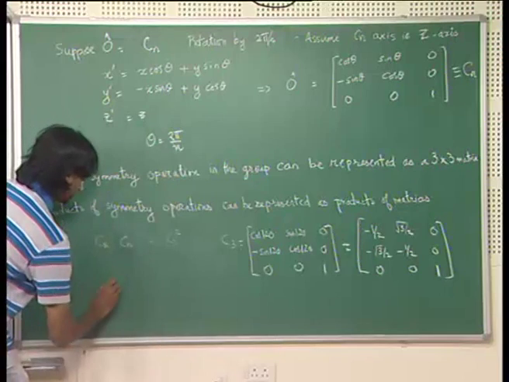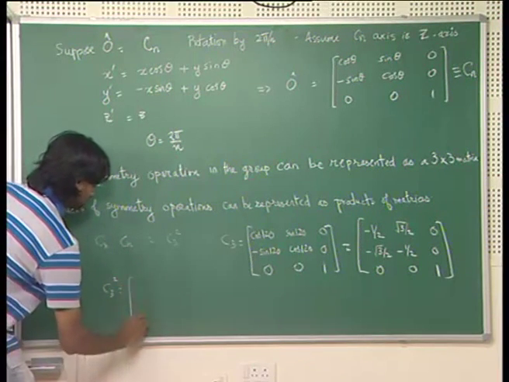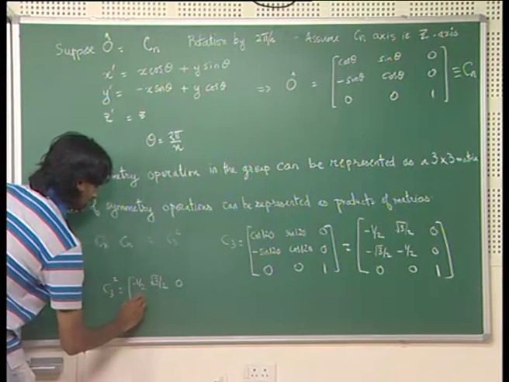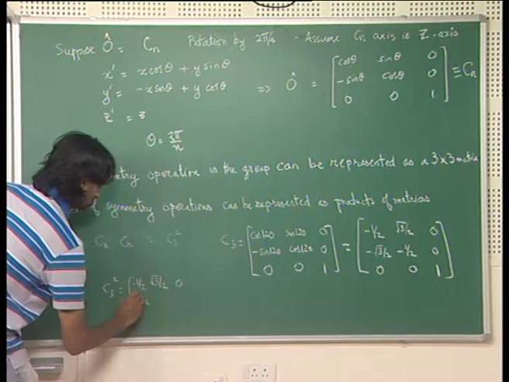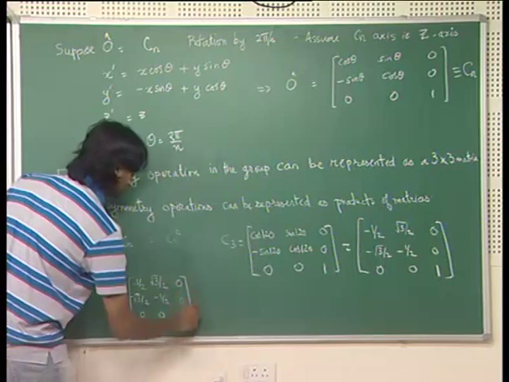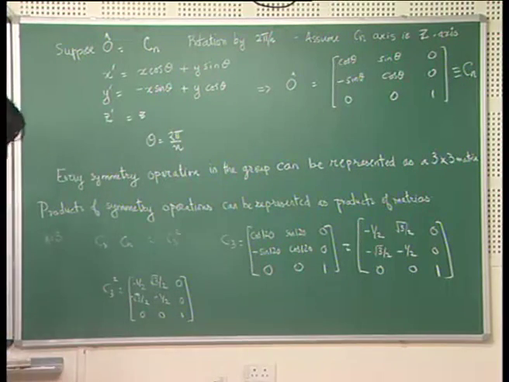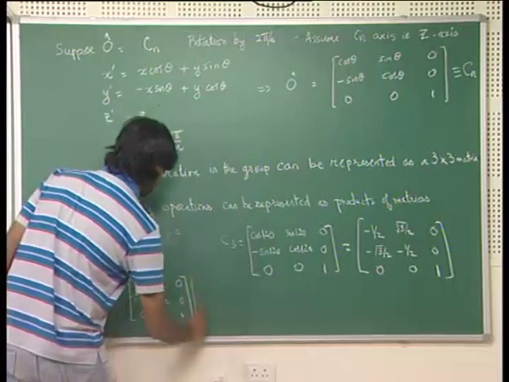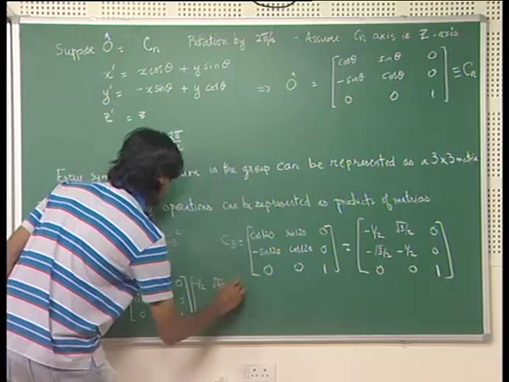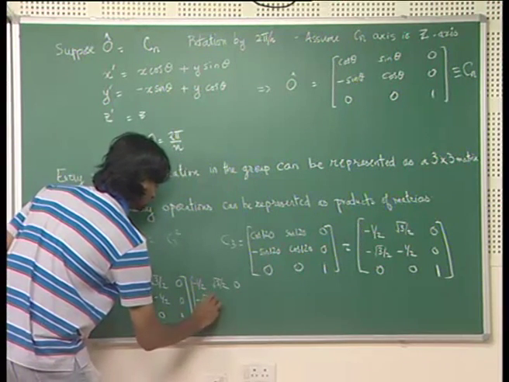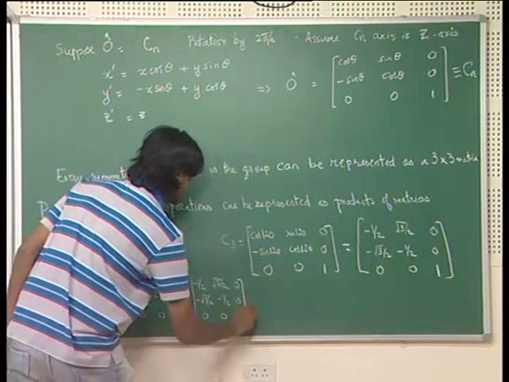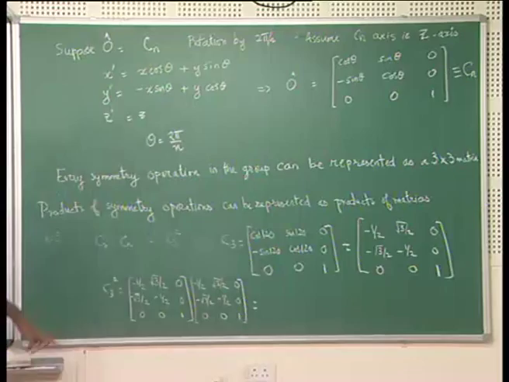So, you can evaluate. C3 square is equal to this matrix multiplied by itself, and if you take this product you can see what you get.